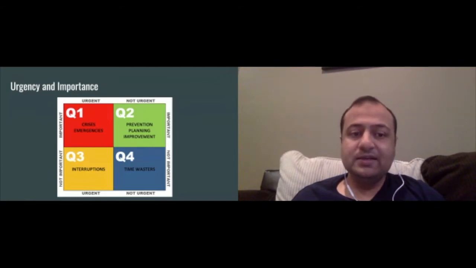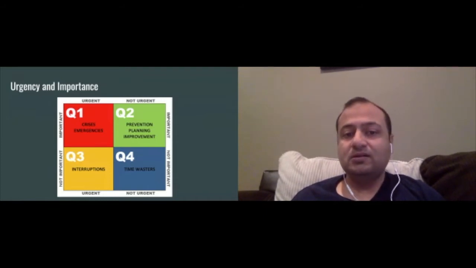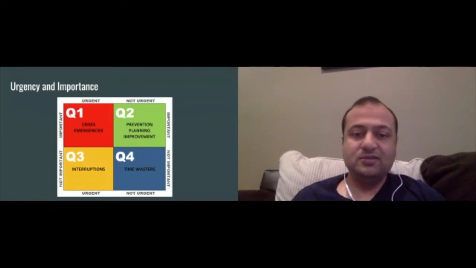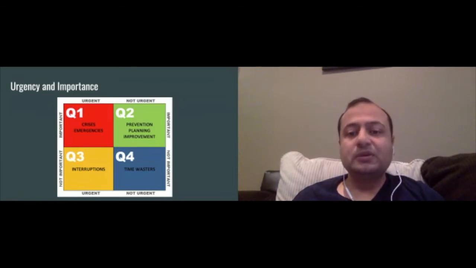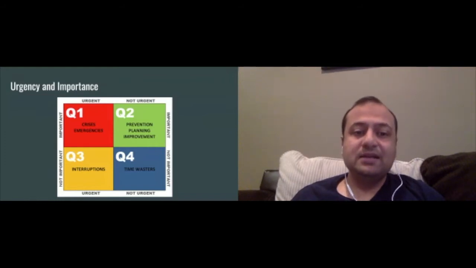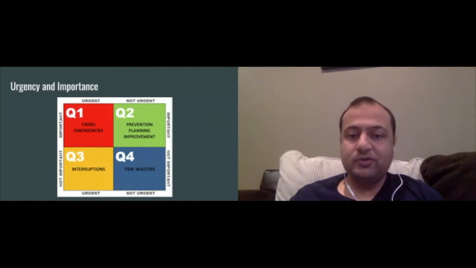Let's look at things which are important but not urgent. So this is the quadrant, as you can see, it is marked as green. This is the quadrant where you should be spending most of your time. This is where both as a manager and as an IC, you should be doing your planning. You should be looking forward to doing more of your important tasks.